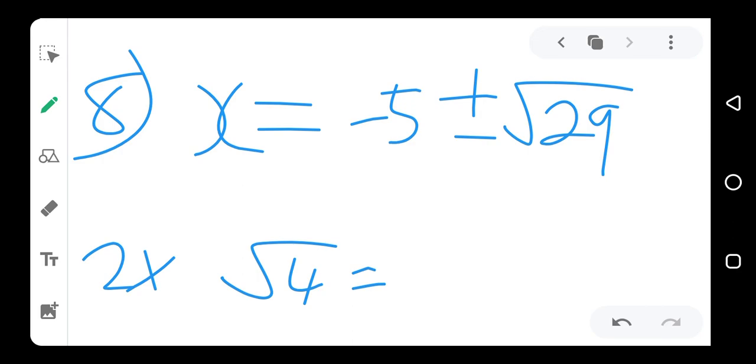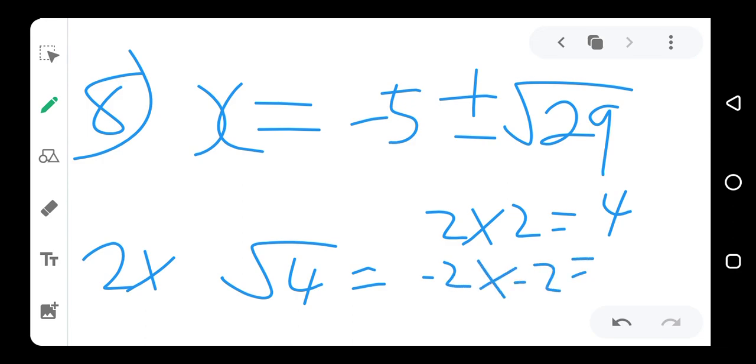Now 2 times 2 gives 4. Minus 2 times minus 2 is equal to 4 again, because minus times minus is plus. Now this means that minus 2 times minus 2 will give us 4, and plus 2 times plus 2 will also give us 4.